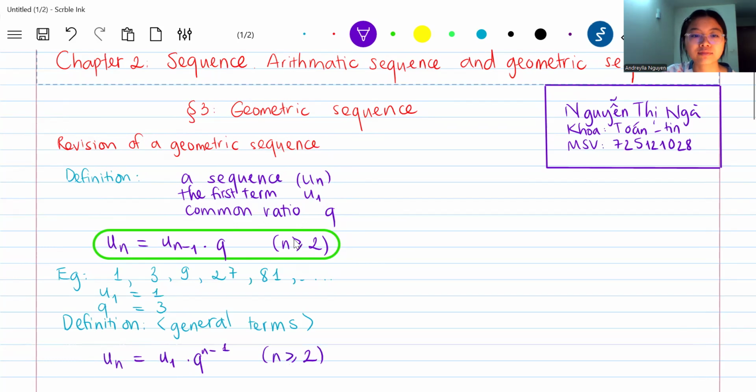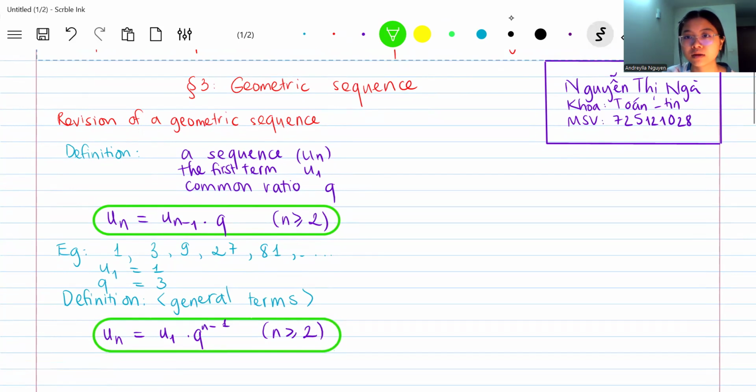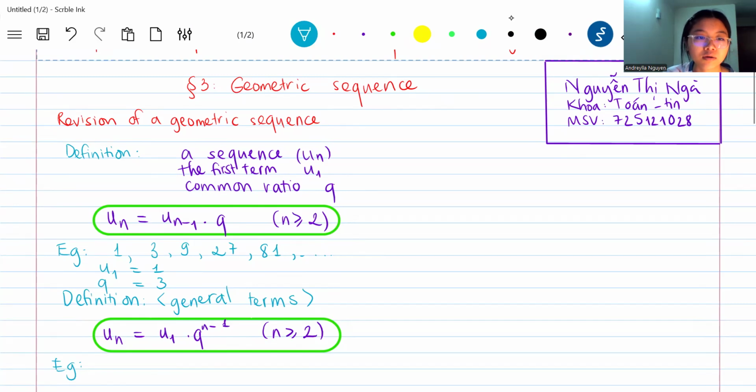We have proved this property in the previous lesson, so I just want to recall it. For example, I can find the general formula for an arbitrary term in my previous example.